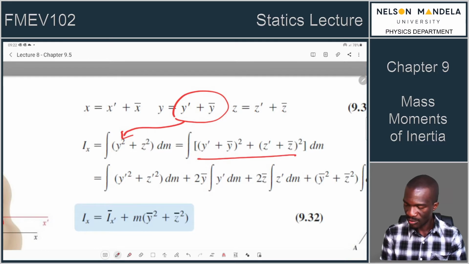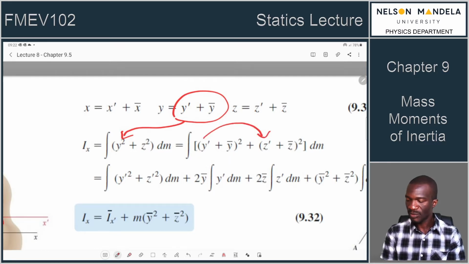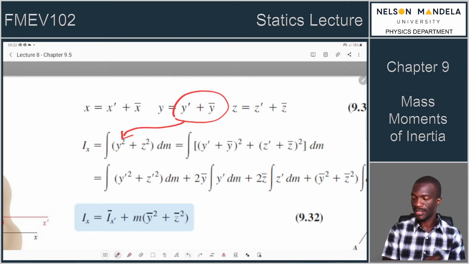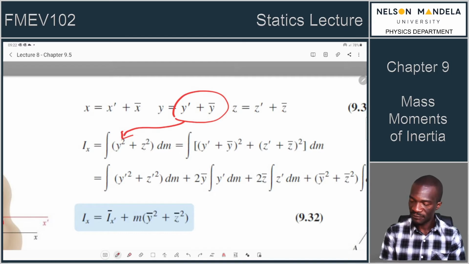So I think we are aware already that our y prime z prime must multiply, right? So we've got our y prime squared plus 2 of what? 2 y prime y bar, and then plus y bar squared, isn't it? So that makes the first bracket.